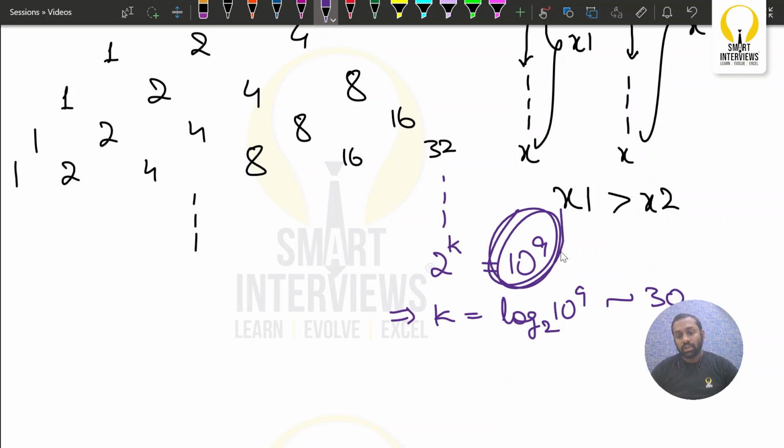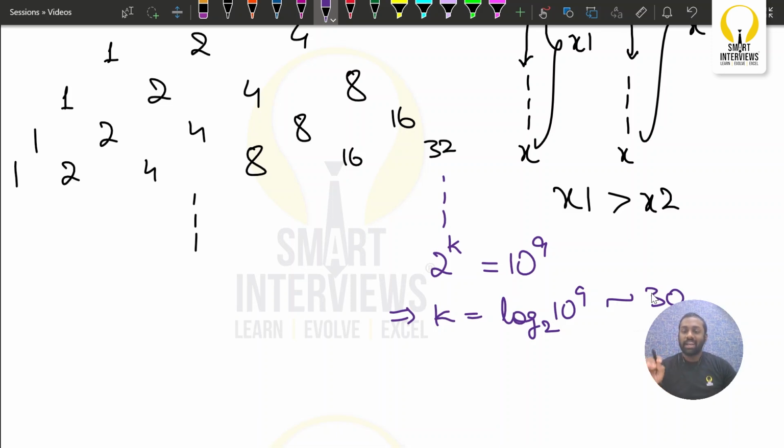But we know that 10 power 9 is the maximum array element I can have, right? If I can have maximum array element as 10 power 9, then I definitely need to have only less than or equal to 30 elements to have that array as smoothly increasing. So if I'm having even one more element greater than 30 elements, then it definitely will not be smoothly increasing.